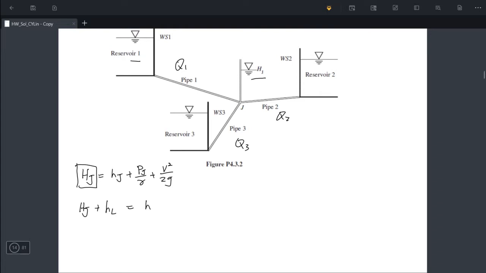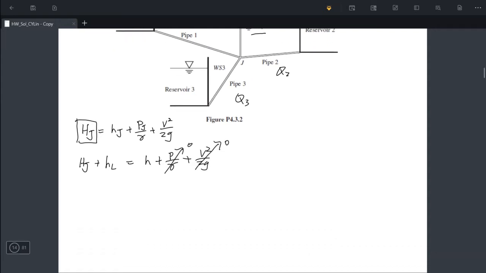the elevation height of the water level for the reservoir, plus the pressure term, plus the velocity term. And here, we know the velocity at the reservoir is equal to 0, and it's an open surface, so the pressure term is also equal to 0.